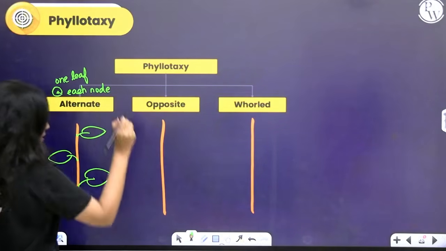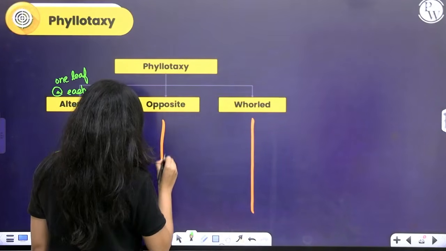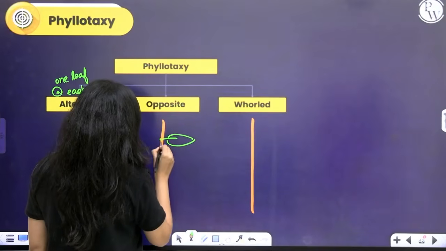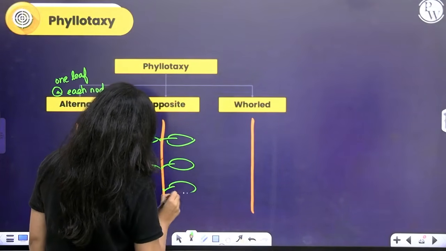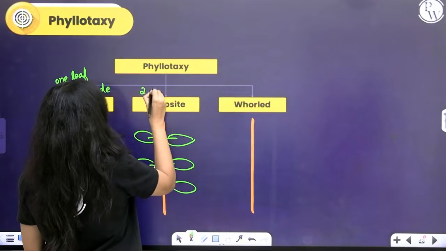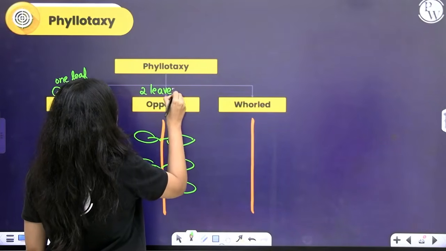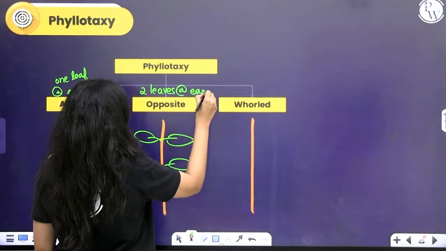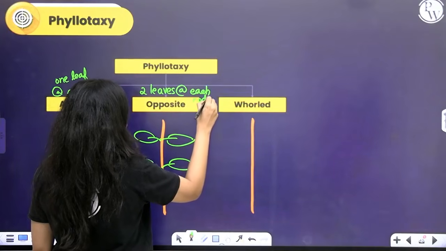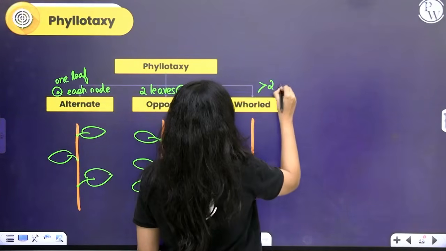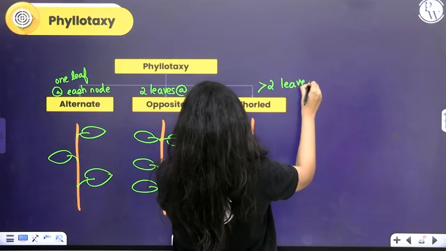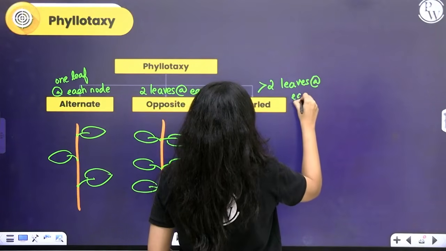In opposite, at each node, you can see two leaves arising. Two leaves at each node. In whorled phyllotaxy, you will see more than two leaves at each node.